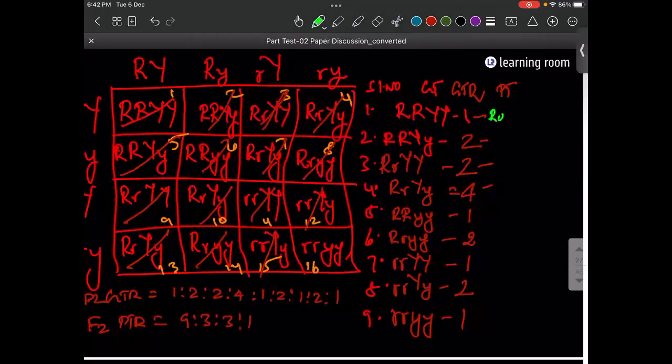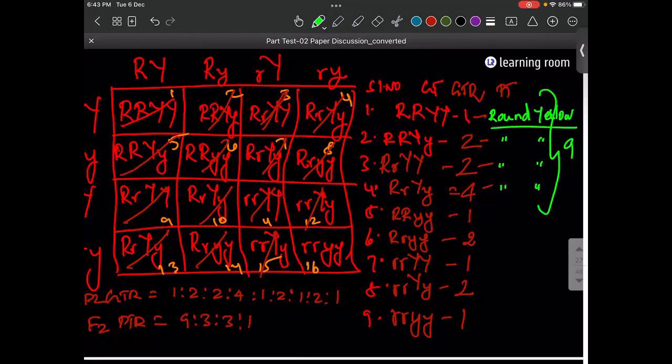Round and yellow. The second one is also round and yellow. The third one is also round and yellow. The fourth is also round and yellow. The fifth one is round and yellow. Together, how many? Nine, sir. Nine are round yellow.